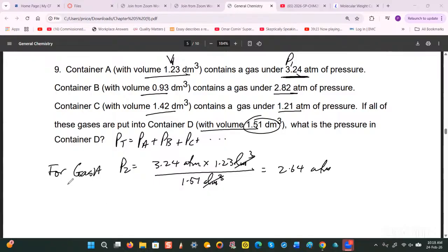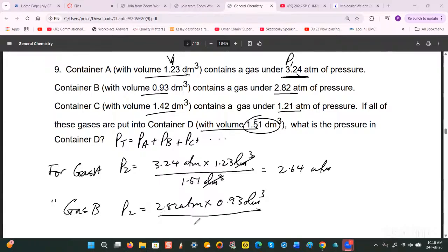So that's for the gas that was in container A, and I'm going to do a similar calculation for the other gases in containers B and C. So for gas B, P2 will be equal to 2.82 atmospheres multiplied by 0.93 decimeters cubed, again divided by the total volume, which is 1.51 decimeters cubed.